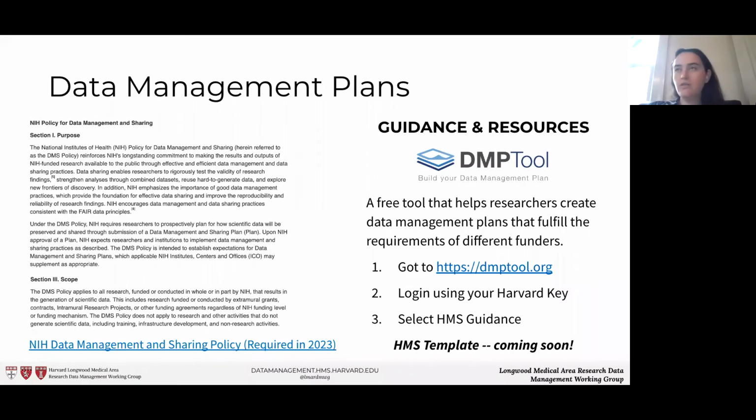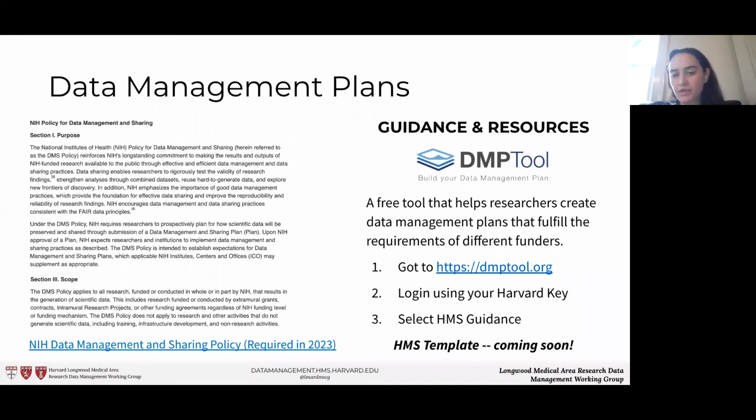So, if you're dealing with issues of data ownership, can we provide some standard language that's reflective of Harvard policy, or point to policies that might help inform your planning?